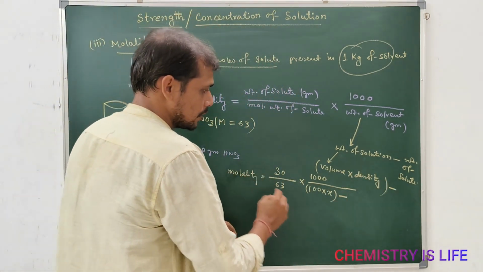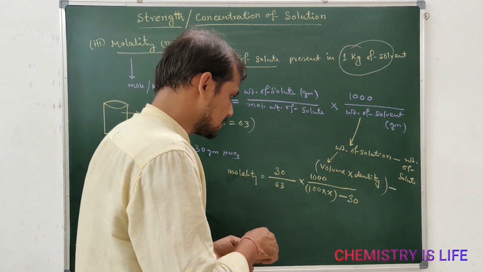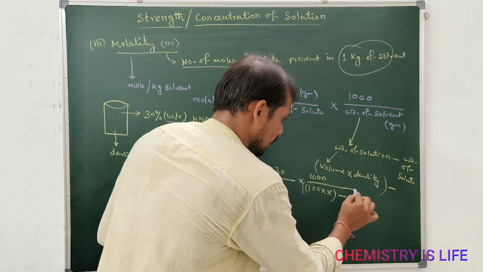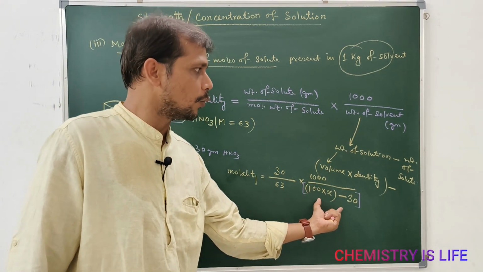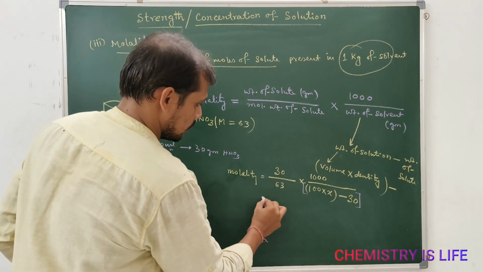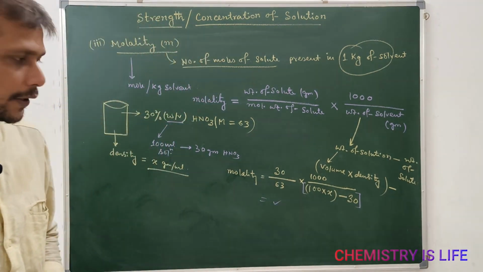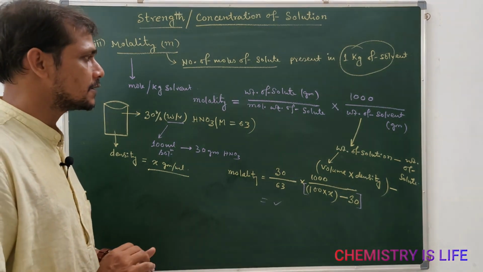So what is the weight of the solute? That is 30. So this term will give us the weight of the solvent in gram. So that's how we can calculate molality of the solution. I hope you understand this.